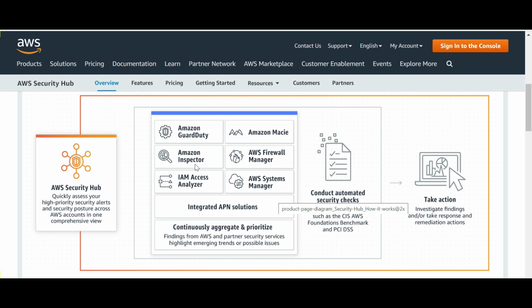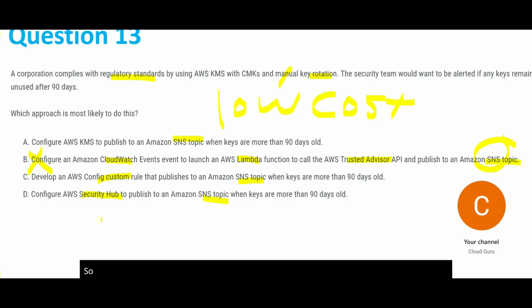Amazon Inspector also is related to security. Macie will go through all your documents and see if there is any exposure of PII data. So these are different security purposes, security checks. It will not be used for this, like which keys are unused for 90 days. So hence Security Hub will not work in this case.